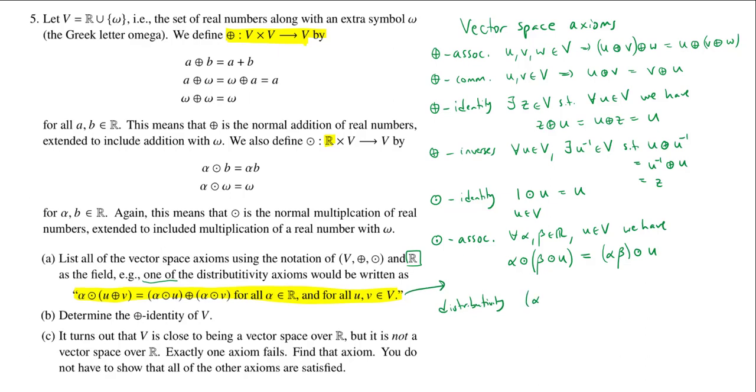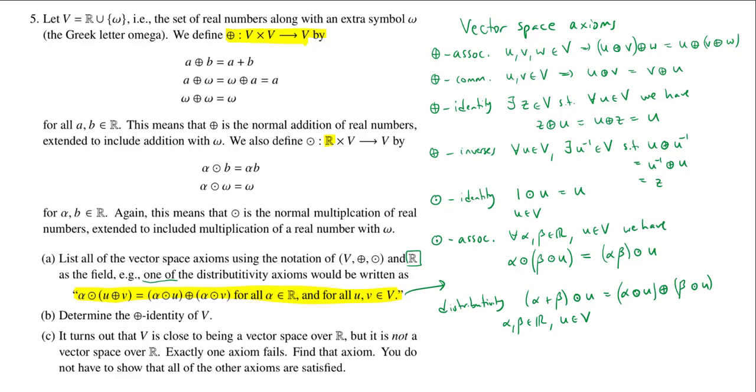So if I have (alpha plus beta) dot u, where alpha and beta are in the real numbers and u is in our set V, then I would get alpha dot u O plus alpha... rather, O plus beta dot u. Now this plus is happening in V, so I have to use the O plus, and we'll put some parentheses in here to make it clear what's happening. So that's what our distributivity is going to look like. That answers part A.